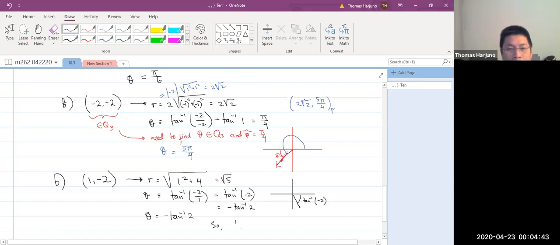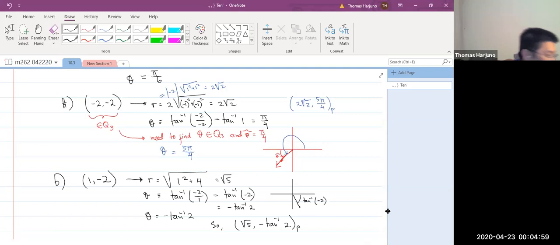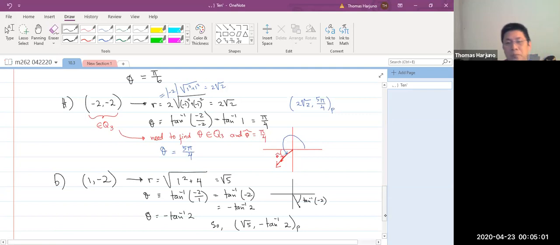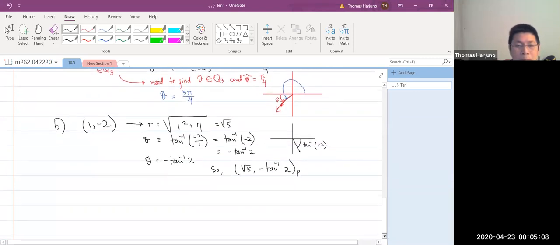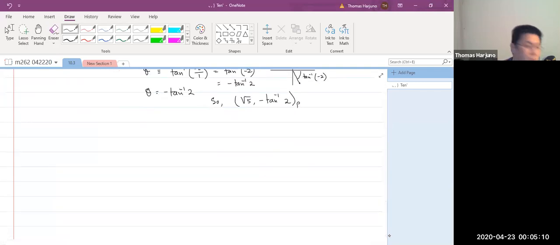So the coordinate is square root of 5, negative tangent inverse of 2. Now, it happens that tangent inverse of 2 is not a nice number, so I just leave it like that. That's for conversion from rectangular to polar and polar to rectangular coordinate system.